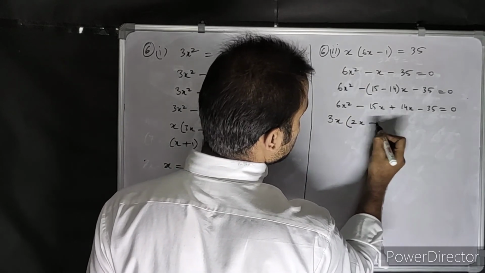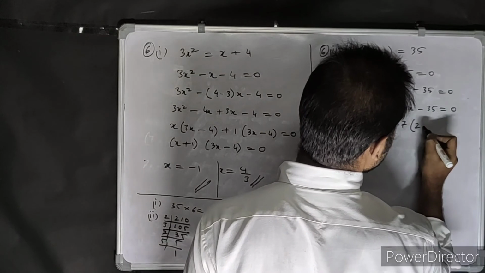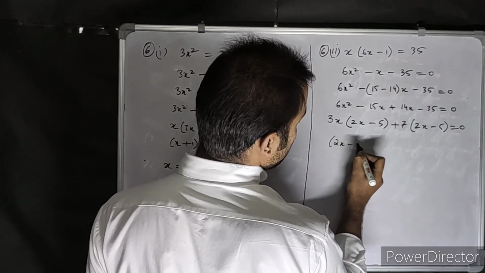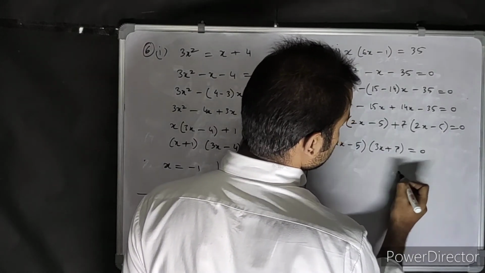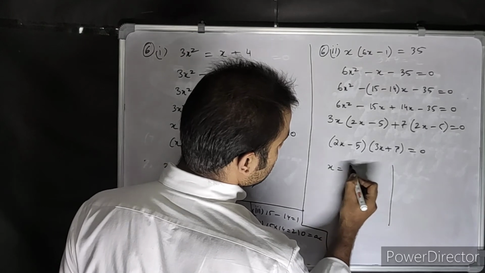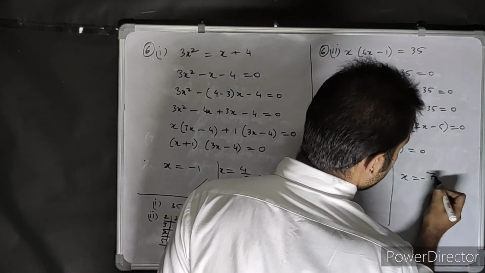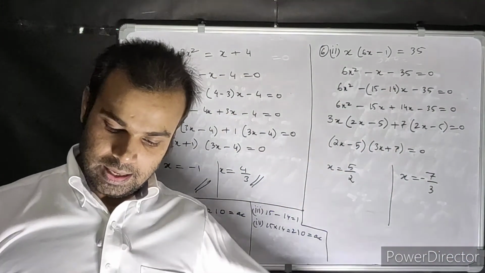So 2x, 3 5s are 15 plus 7. Okay, 7 2s are 14, 7 5s are 35. So you are getting 2x minus 5 and 3x plus 7 is equals to 0. So you get x is equals to 5 by 2 and x is equals to minus 7 by 3. So you get two values of x.